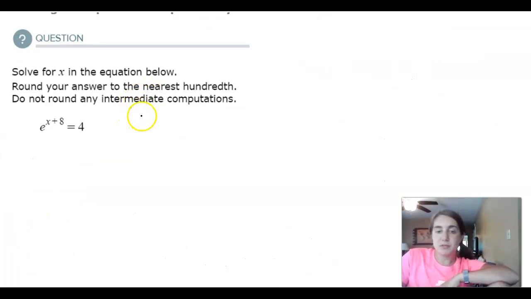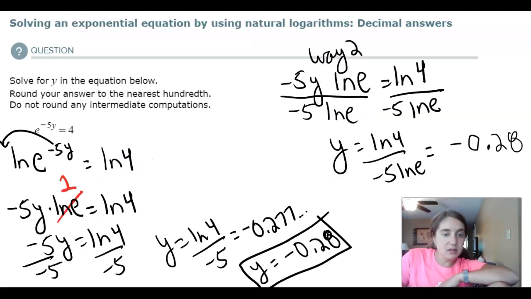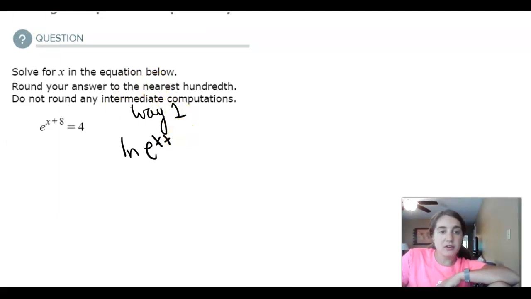We're going to practice this one more time. I'll show both ways again. So I'd take the ln of both sides, because 8 and e are not going to be the same base. I think of it that this reduces.